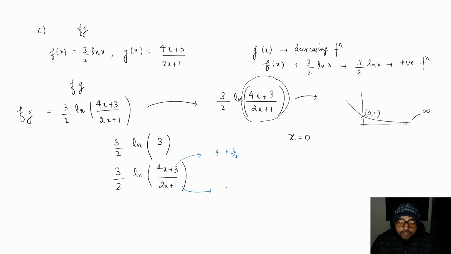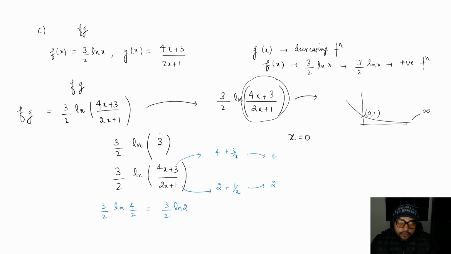So that on division by infinity we'll get the value as 0. On plugging in x equals infinity here, we'll get 4 in the numerator and 2 in the denominator. So the remaining value will be 3/2 log of 4/2, that is equal to 3/2 log of 2.